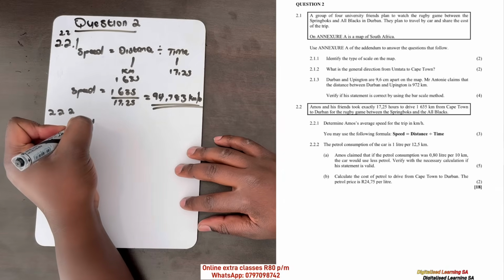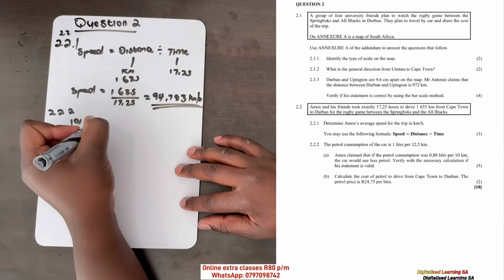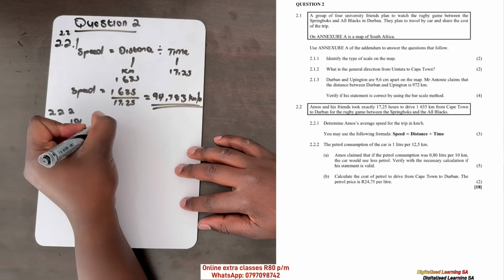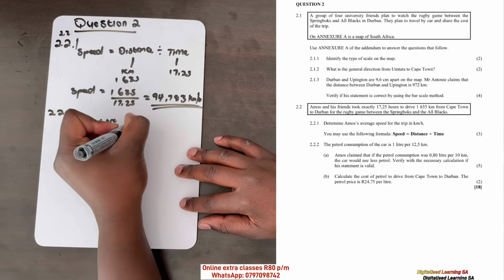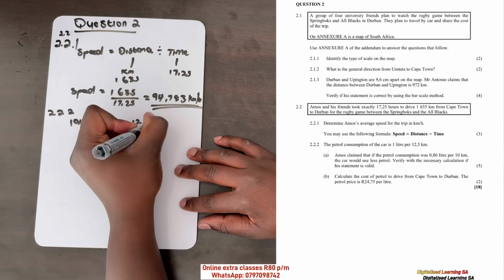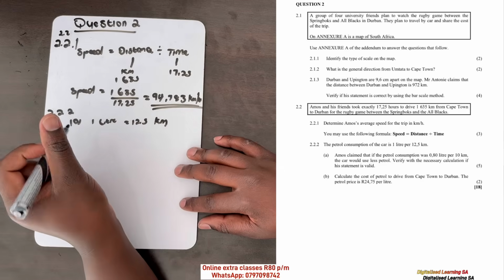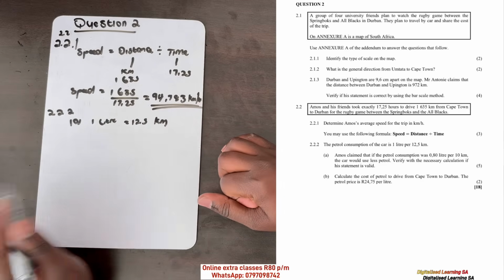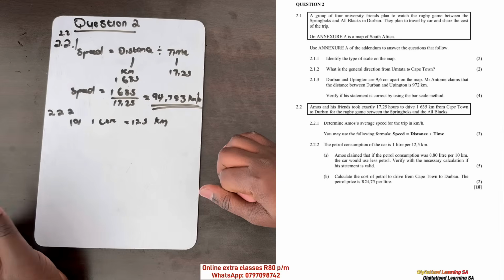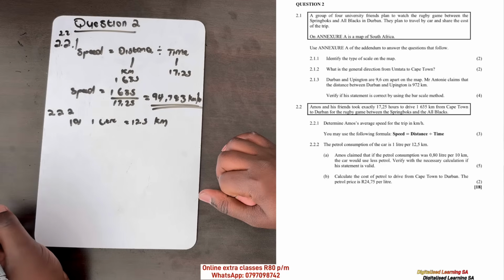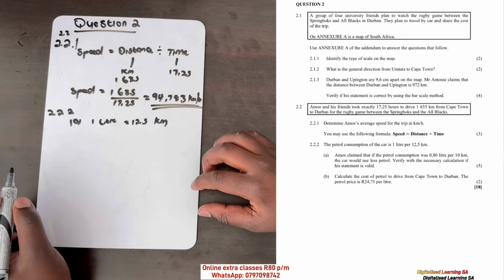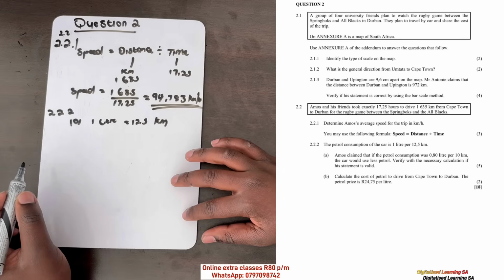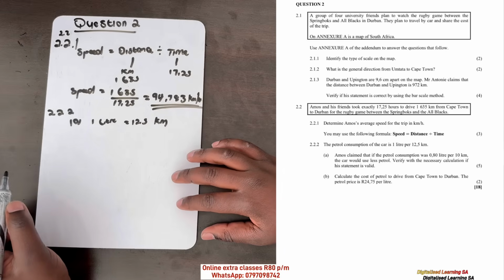So we are told that if the car is using 1 liter, it goes 12.5 kilometers. So this is the statement that we are given: 1 liter per 12.5 kilometers. Now let's go ahead and calculate the number of liters.